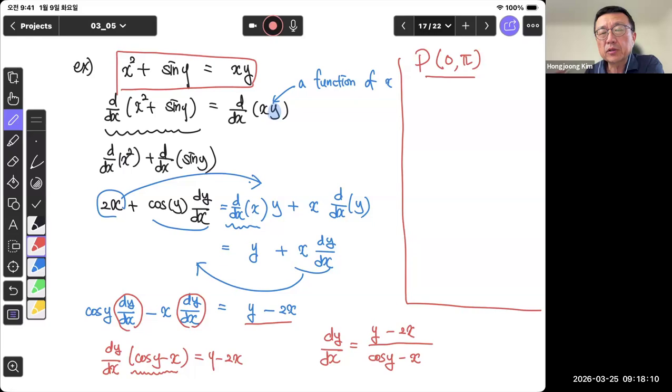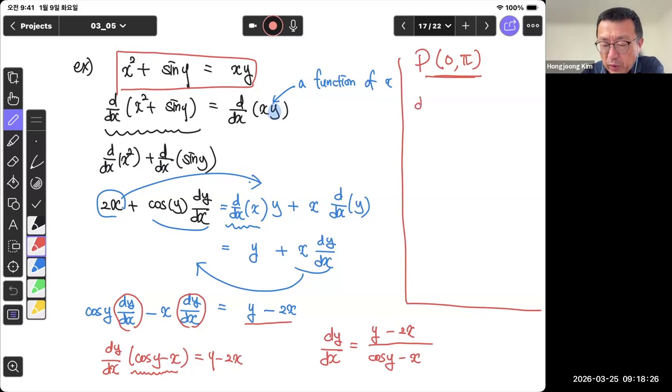I need to find the slope and one point. But this one point is given. So all I need is the slope of the tangent line. And dy/dx will give you that slope of the tangent line, right?